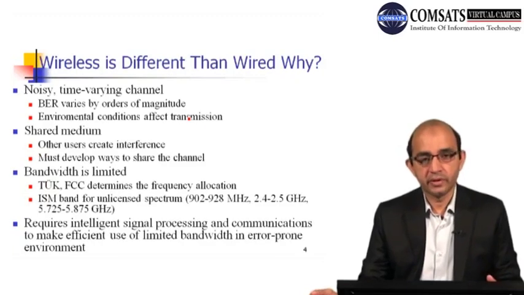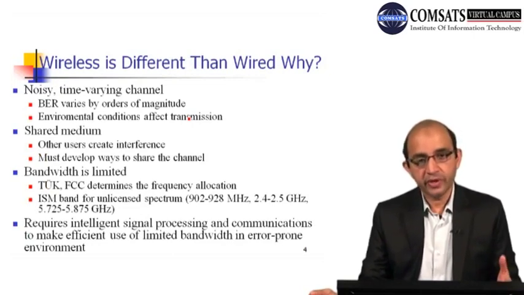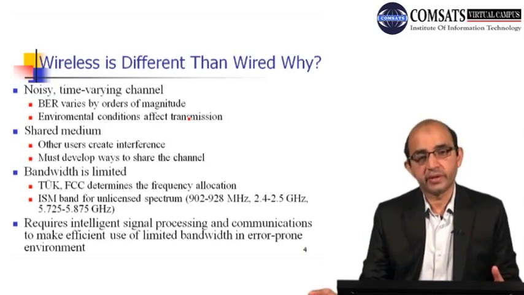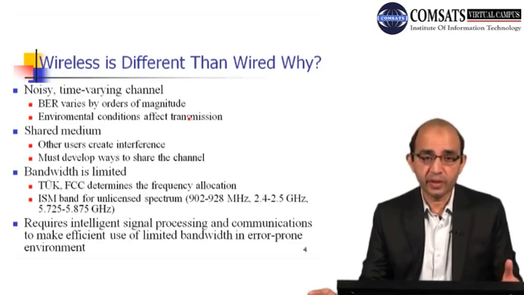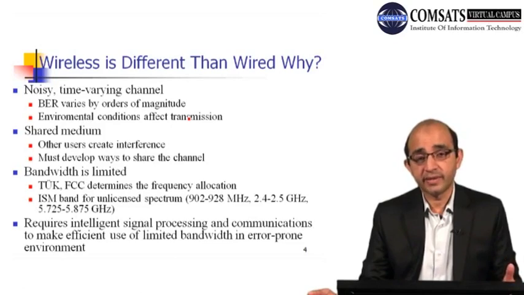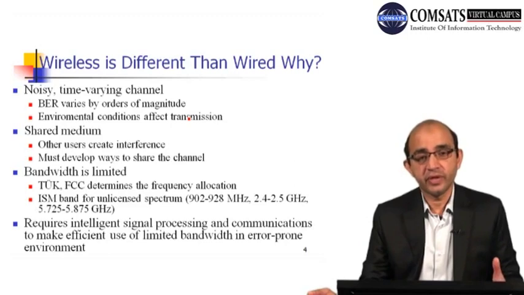So this sort of question should come straight into our minds: why is wireless different from wired? If we talk about wired media, we can control its characteristics, because whenever we are building the media, a few of the characteristics we can control.